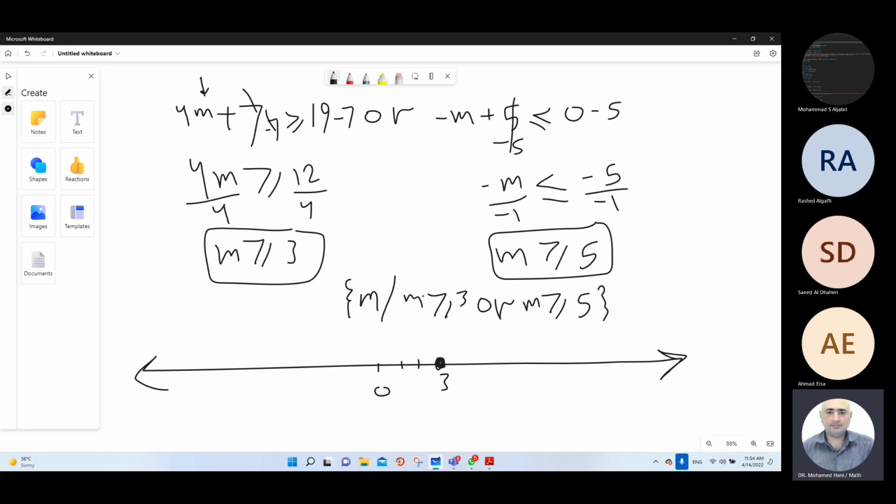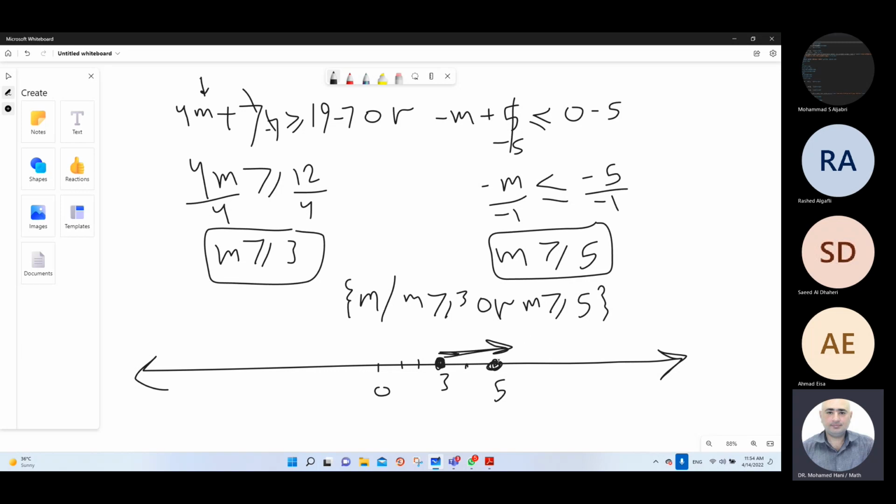The direction m greater than means to the positive side. Then m represents here 5. This is 4, this is 5. Use a shaded circle.